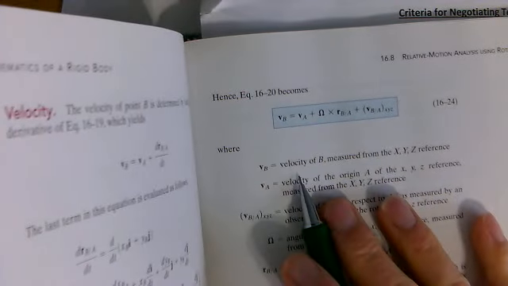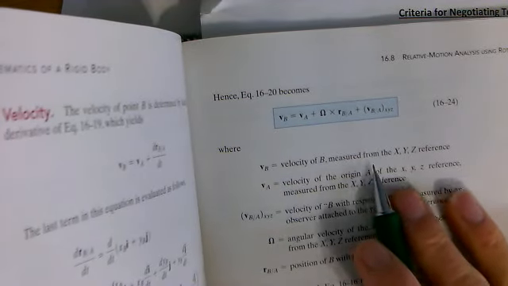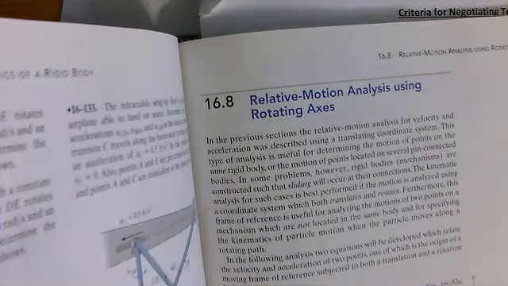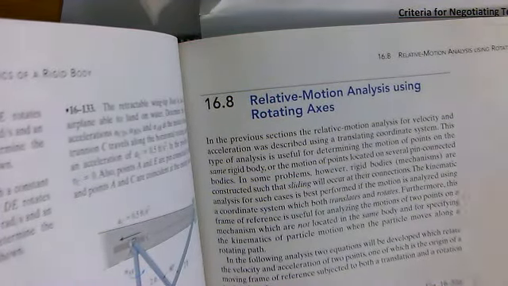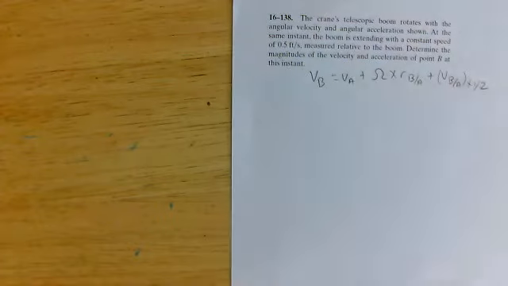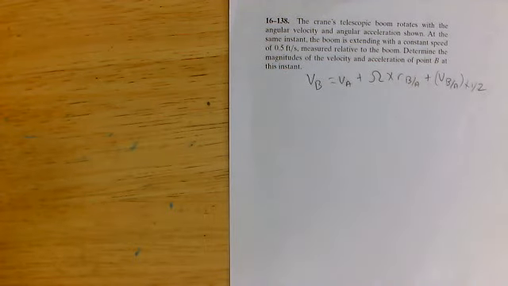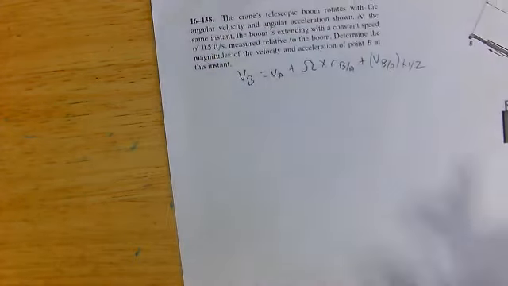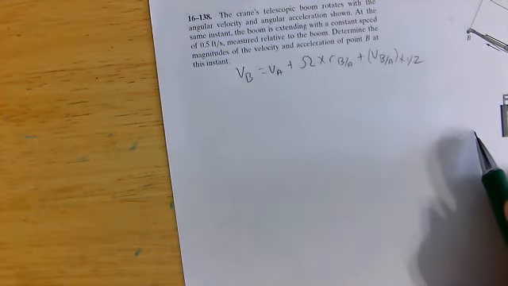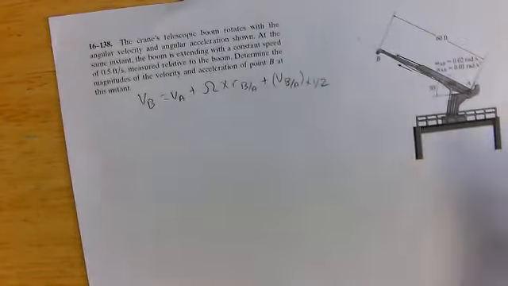So VB is the velocity of B measured in the XYZ reference, and the XYZ reference is the stationary reference. So in our problem here, the stationary reference is the observer on the ground. So that's the velocity of VB with respect to someone standing down there on the ground.